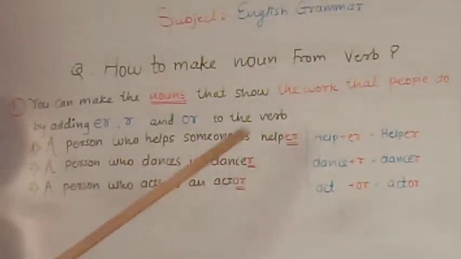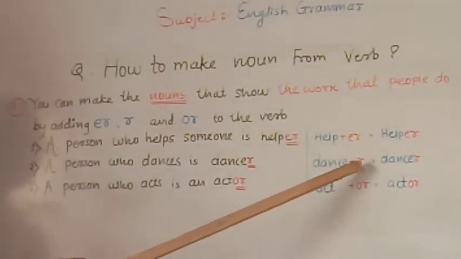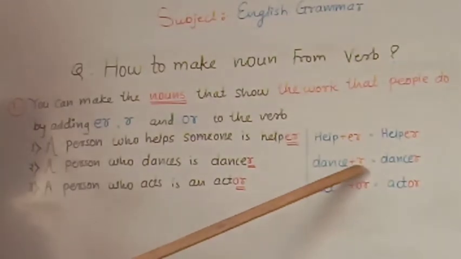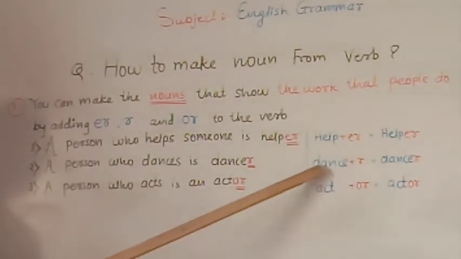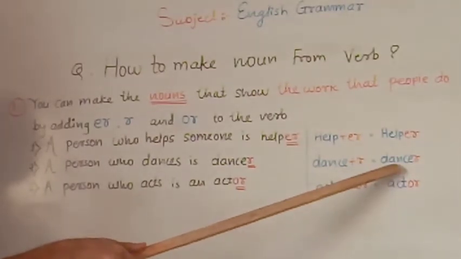Next, a person who dances is dancer. In this sentence, dance is a verb. Dance is an action word. We have to add r to the verb. It becomes dancer, means noun.